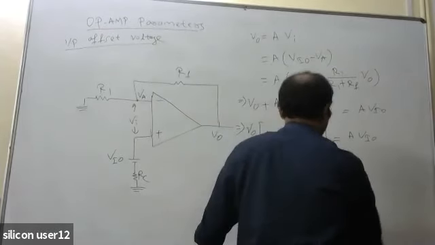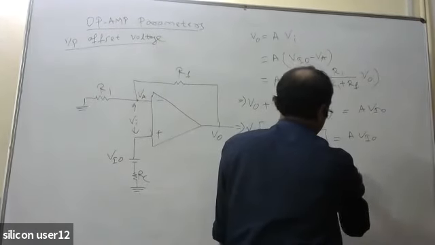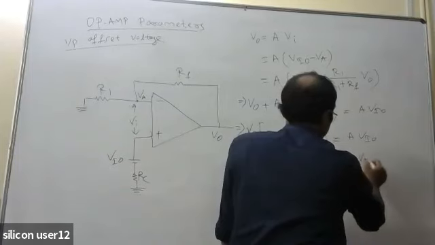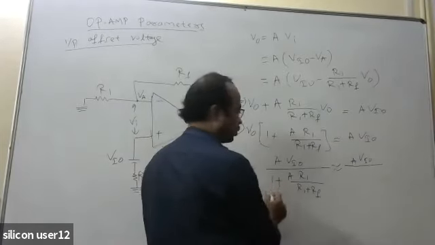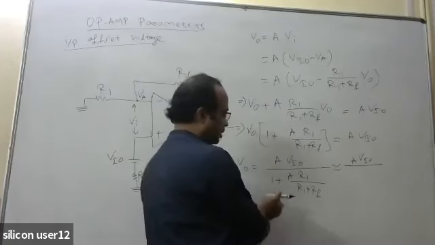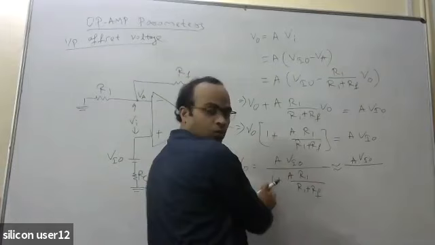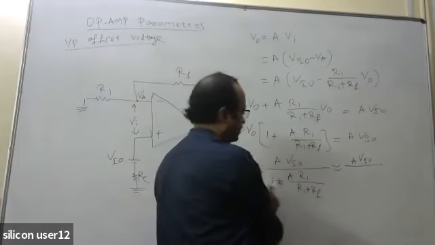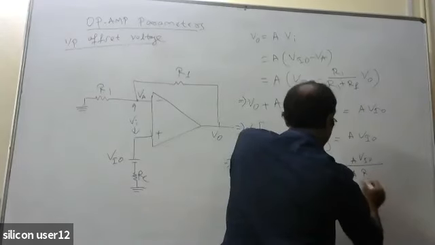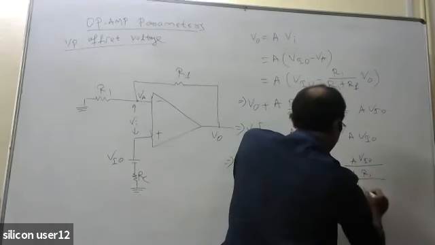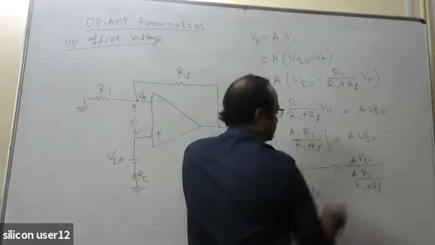It will be approximated to A VIO by A R1 by R1 plus RF, then A will be cancelled out.